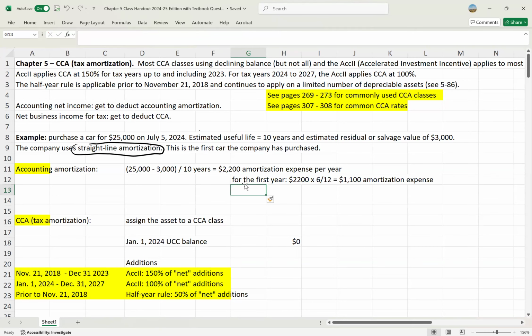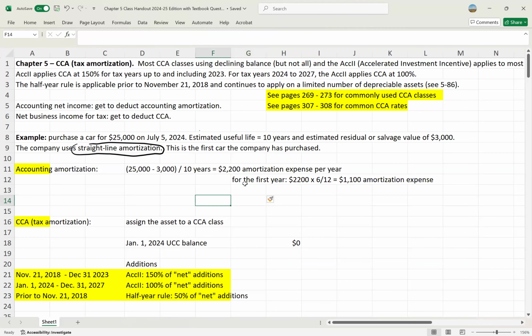And remember, for accounting purposes, what you would show on the balance sheet on December 31st, 2024, the value of the car would be basically the original cost, $25,000, minus the amortization that we took.